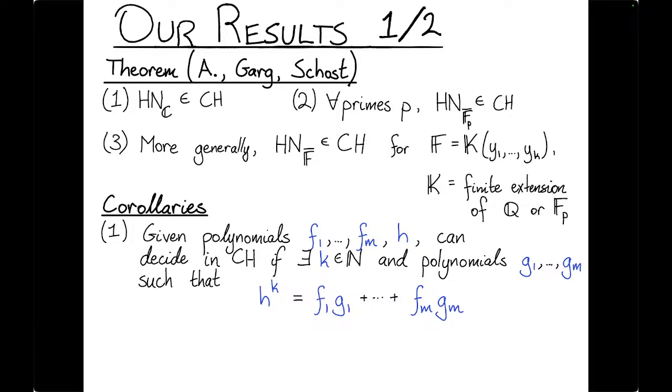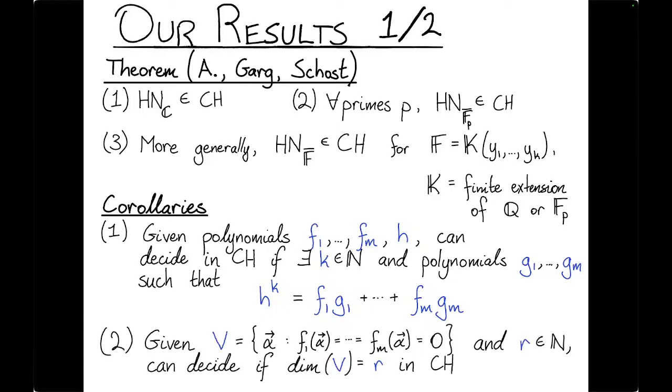For those of you algebraically minded, this is really asking, does h lie in the radical of the ideal generated by the f's? This is sometimes called the strong Nullstellensatz, where deciding solvability is the weak Nullstellensatz. So we can solve this in the counting hierarchy.